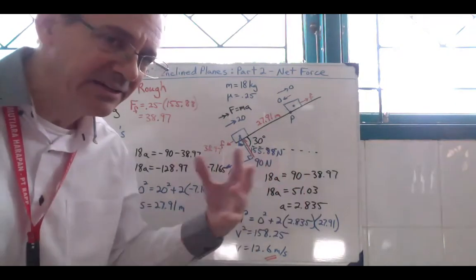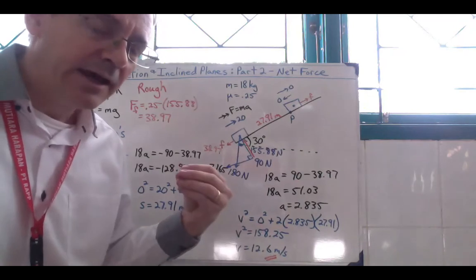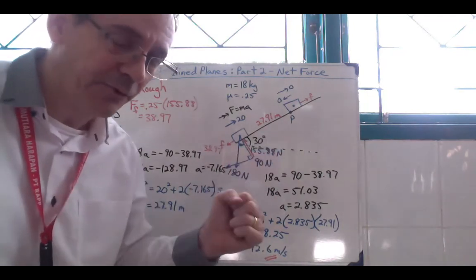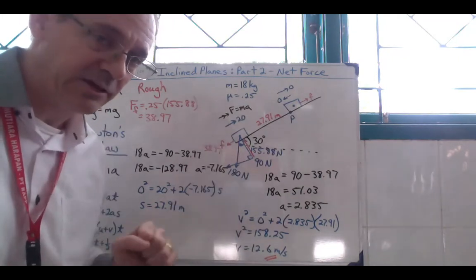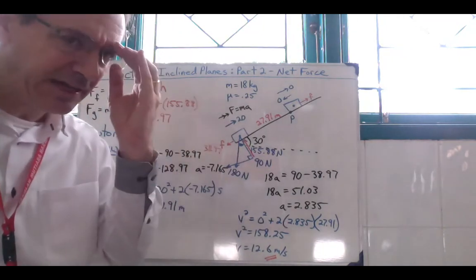If you have any kind of acceleration at all, then you have a net force. If you don't have acceleration, if your acceleration is 0, it's in equilibrium. That's the first thing you establish.